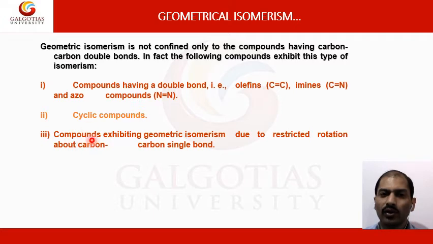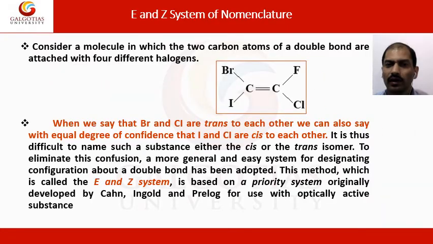Cyclic compounds also have geometrical isomerism due to restricted rotation about the carbon-carbon single bond. So these are certain conditions by which you can see the molecule is either E or Z designation with respect to the particular group.